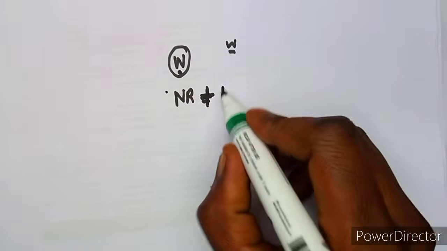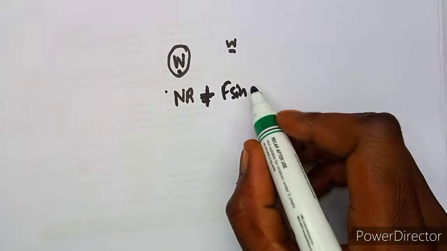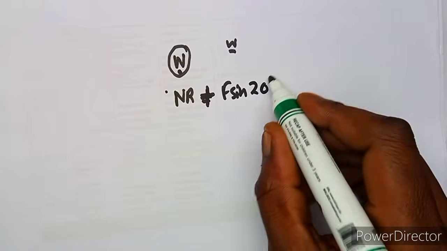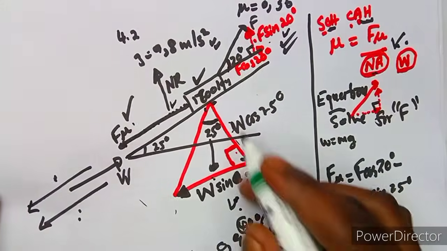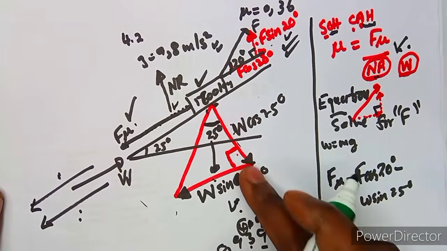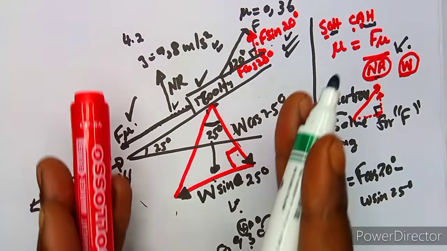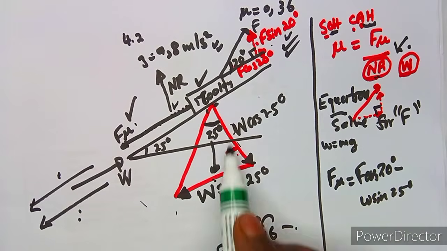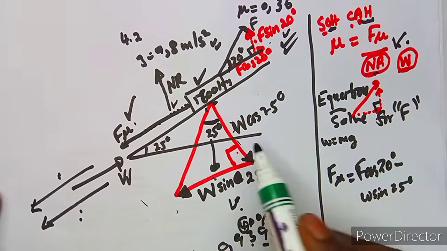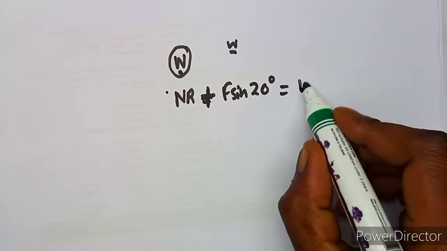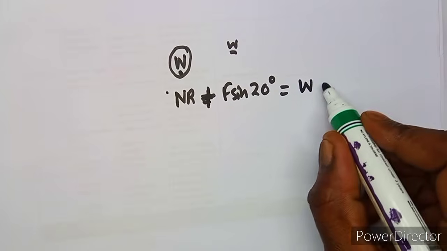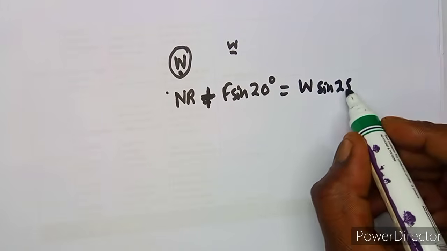If we add it to this one, F sine 20 degrees like this, it must give us this one, which is going downwards, which is still in the perpendicular way, which means at 90 degrees, but it's going down. So we are going to equate to W sine 25 degrees like this.